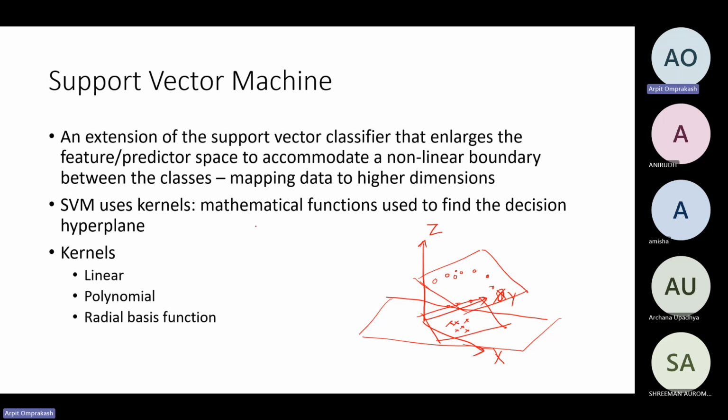Okay. So this support vector machine, what it does, it basically uses mathematical functions which transform your data so that you can find a non-linear decision hyperplane. So after you increase the dimensionality of the data, you fit a lower dimension line, then you transform it back.